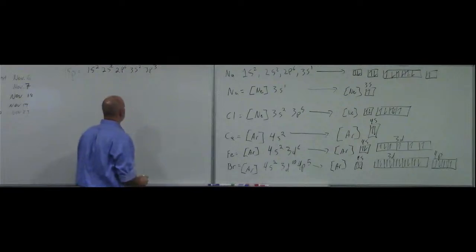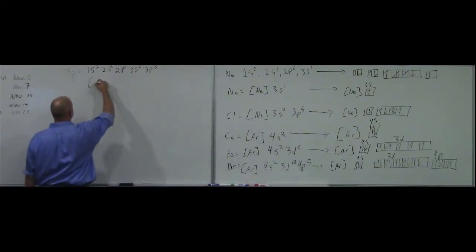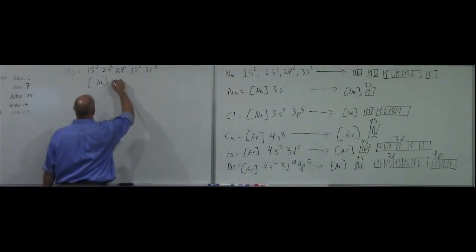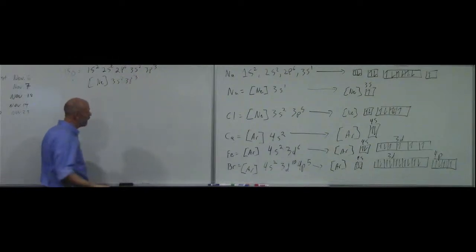Or the other way, as you mentioned, is to go neon, which is 10, and then go 3s2, 3p3. Okay, good.